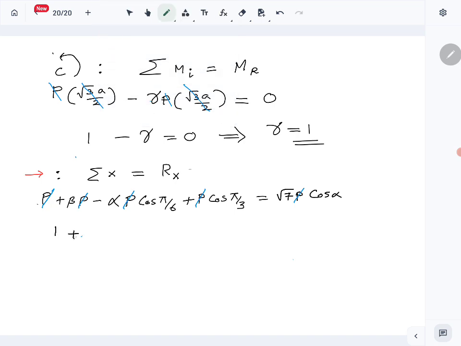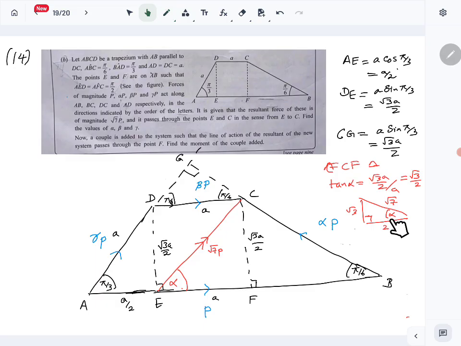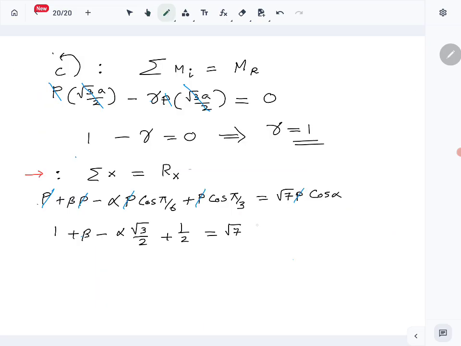So we have 1 plus beta minus alpha root 3 over 2 plus half equals root 7 times cos alpha. What is cos alpha? From this triangle, cos alpha is 2 over root 7, adjacent over hypotenuse. So simplify, cancel: 3 over 2 plus beta minus alpha root 3 over 2 equals 2.